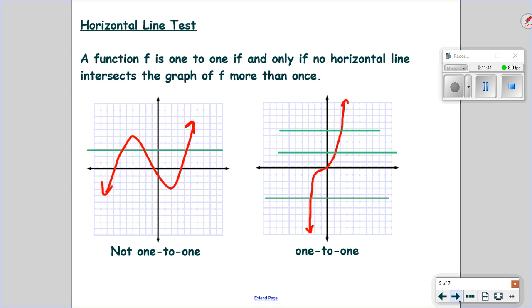So if you do the horizontal line test, which says a function f is one-to-one if and only if no horizontal line intersects the graph of f more than once, then you can determine if it's one-to-one. So our first graph is not one-to-one because notice that the green horizontal line actually intersects the graph 3 times. The second graph does represent a one-to-one function because no matter where you draw a horizontal line, it will only intersect the graph 1 time.